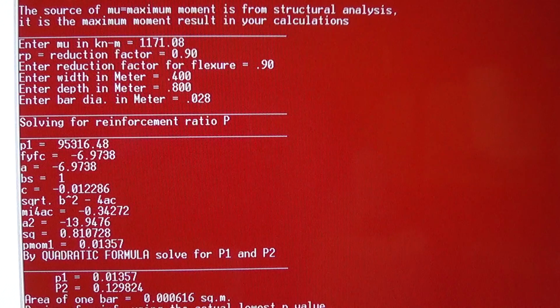Inside the bracket, it means that this part of the equation will be multiplied with the equation inside here.